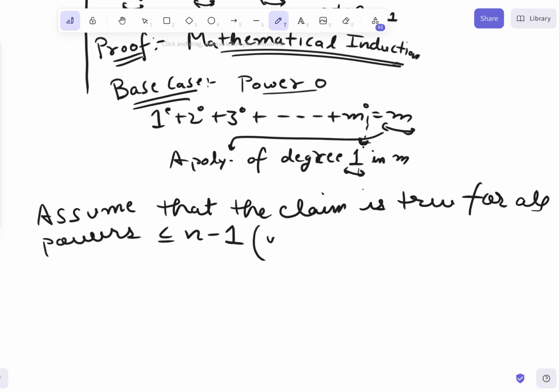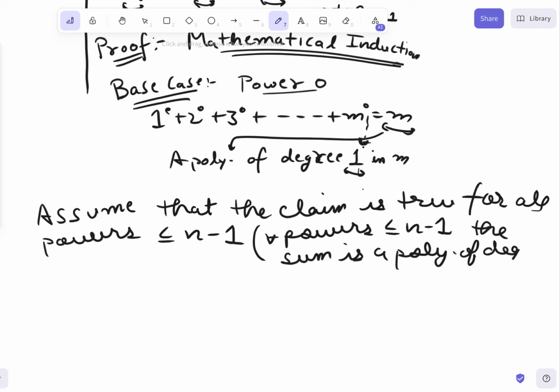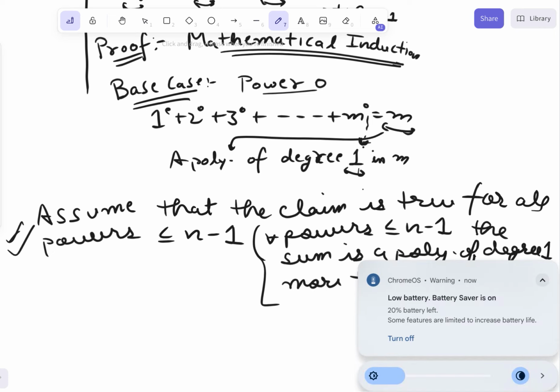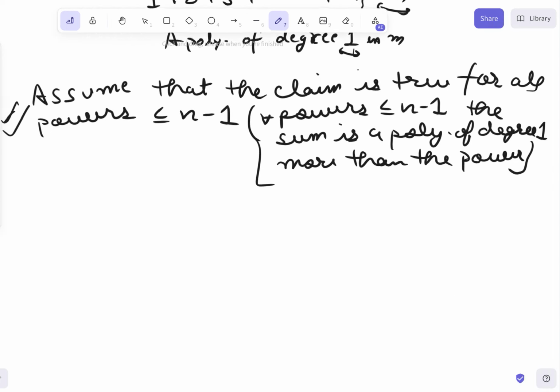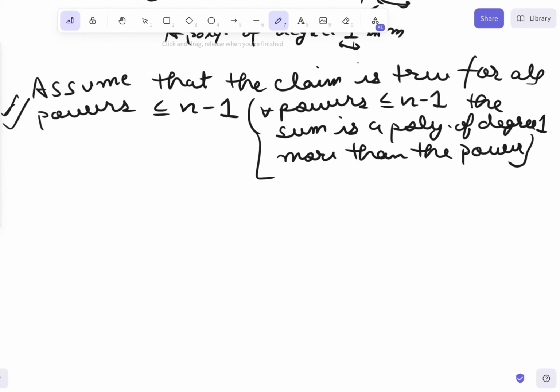That means for all powers less than equals to n minus 1, the sum is a polynomial of degree 1 more than the power. Now we assume this. This is the second step in mathematical induction. Now let's move to the actual case and try to prove this for the power equals to n case.